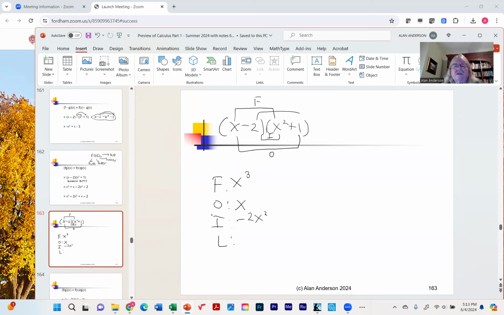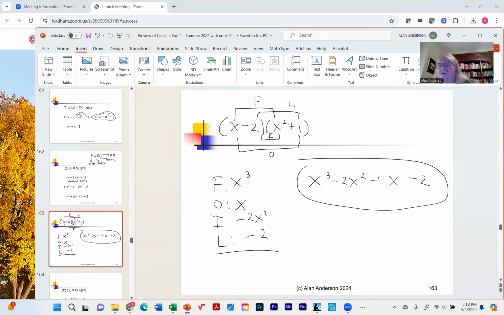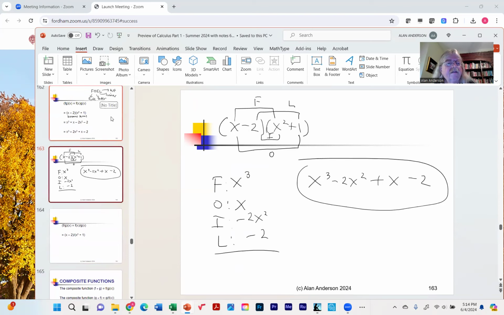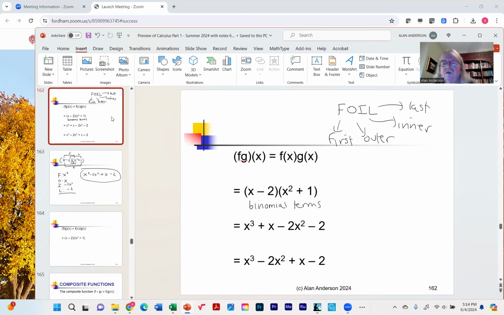And then last is these two. Now, there aren't any like terms here, so we end up with simply x cubed minus 2x squared plus x minus 2. So we have a third order or third degree polynomial, meaning it's a cubic expression. And we can't simplify it any further than that.